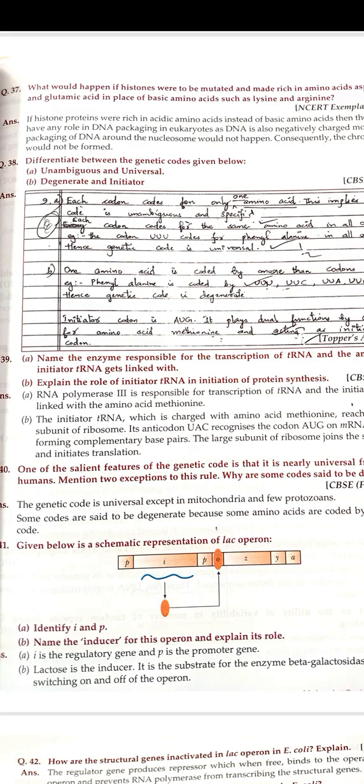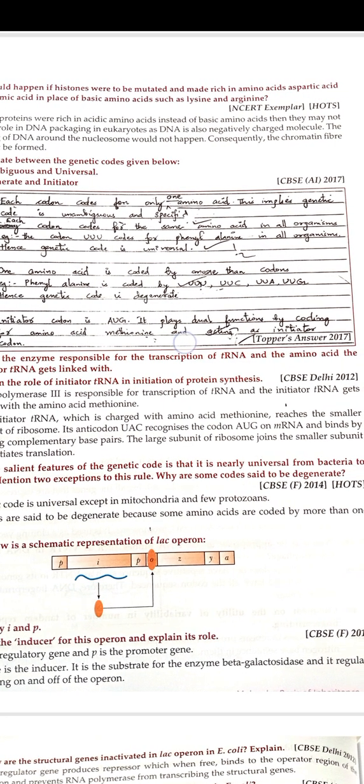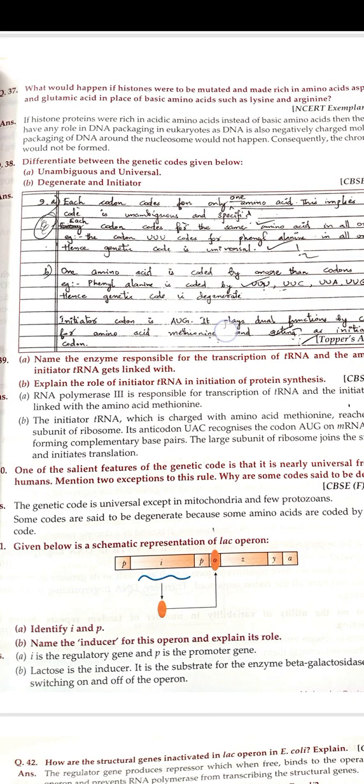What would happen if histones were to be mutated and made rich in amino acid, aspartic acid, and glutamic acid in place of basic amino acids such as lysine and arginine?